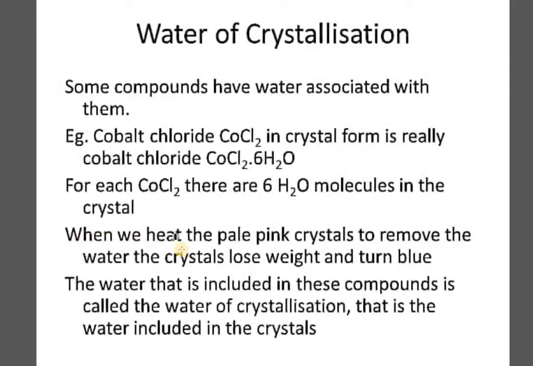When we heat these pink cobalt chloride crystals, the water of crystallization is removed, there is a loss in weight, and it turns from pink to blue. The pink crystals are the hydrated salt, whereas once heated it turns blue, and that blue cobalt chloride is the anhydrous form of the salt.